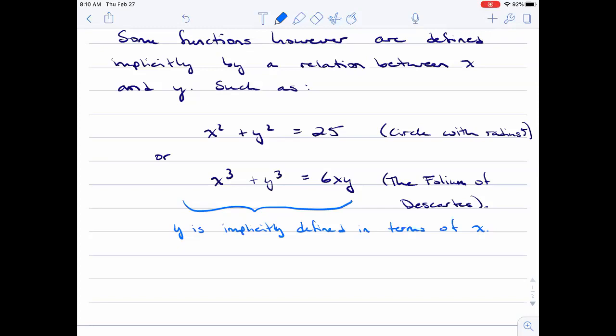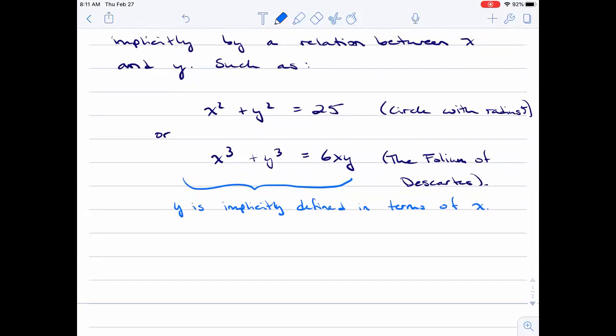Very tricky to pull that y out and solve for y explicitly, but we don't need to, because we have implicit differentiation. We can just leave them as implicit functions. And in Maple, you'll see there's an implicit diff command that'll just do it for you.